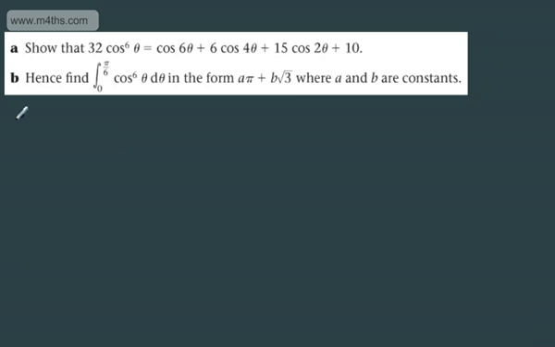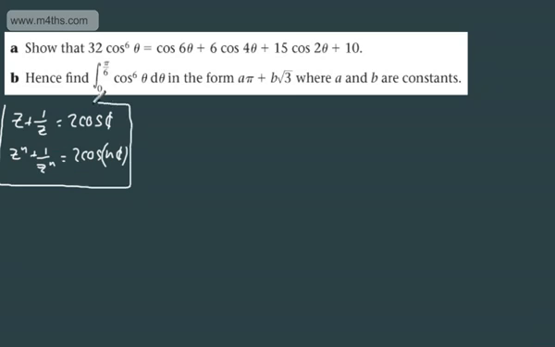So what we already know is z plus 1 over z is equal to 2 cos theta, and in general z to the n plus 1 over z to the n is equal to 2 cos n theta. We're going to use the binomial expansion on this.